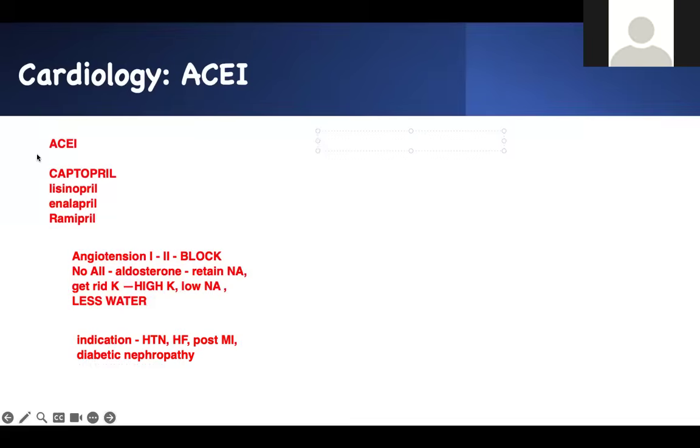What is the pathophysiology? Let me give it to you. Don't worry, it's not difficult. You've seen this before in nursing school, but this is the key. There is something we call angiotensinogen, which you find in the liver.